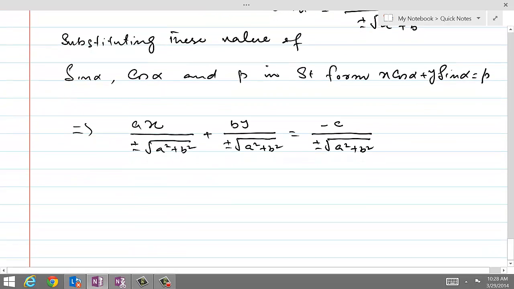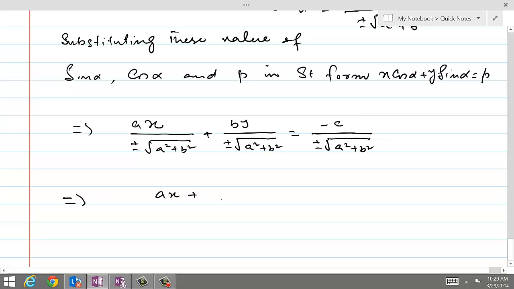This can be further simplified as the denominator on the left side is the same. This could be ax plus by over plus minus the square root of a square plus b square is equal to minus c over plus minus the square root of a square plus b square.